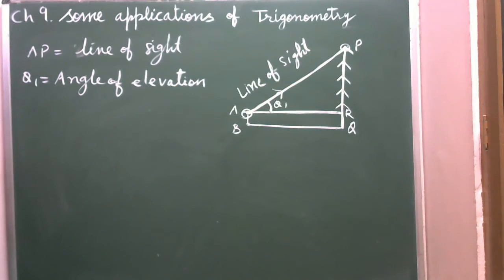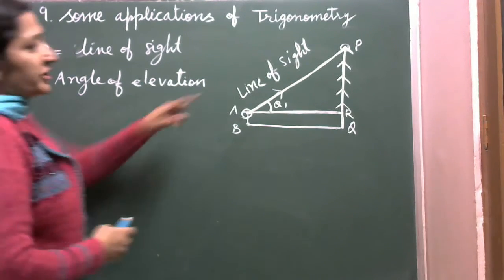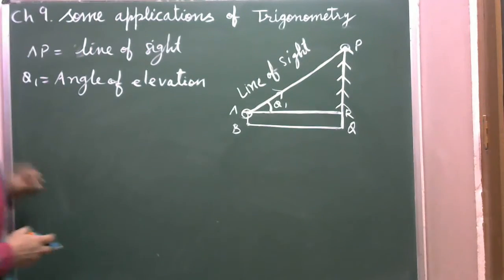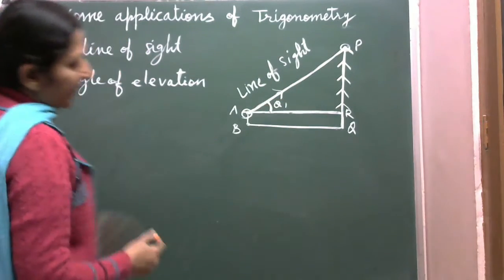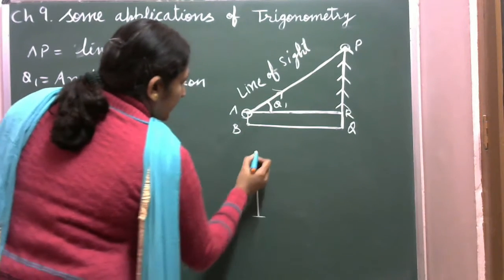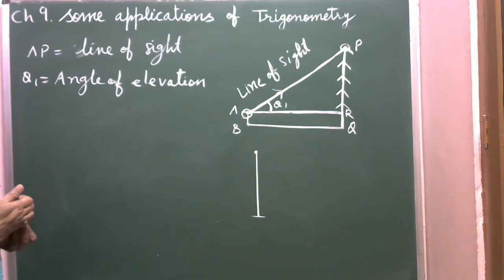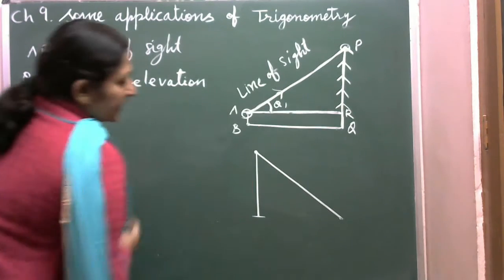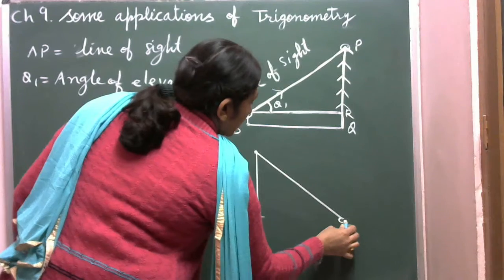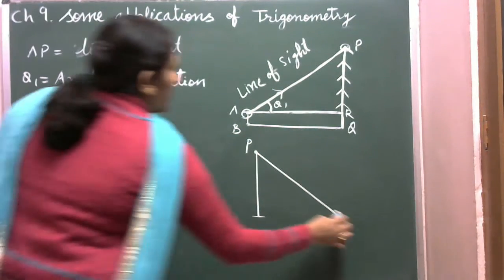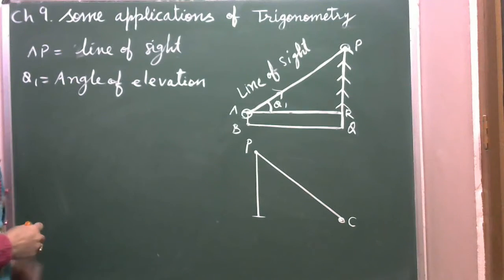अब इसमें सबसे इंपॉर्टेंट कंडीशन क्या है कि जो ऑब्जेक्ट है वो हॉरिजॉन्टल लाइन से ऊपर होनी चाहिए. अगर ऑब्जेक्ट हॉरिजॉन्टल लाइन से नीचे है, suppose here one person is sitting at the top of a building and here is the road and he is observing a car on the road.